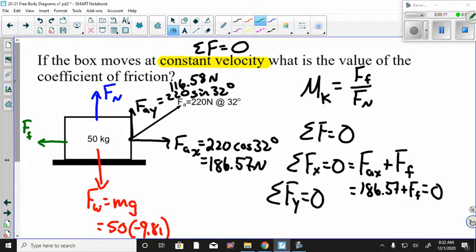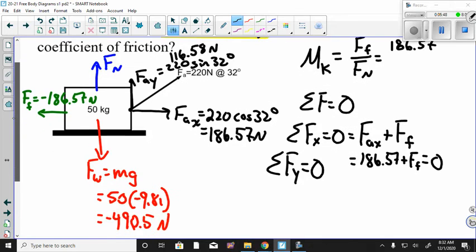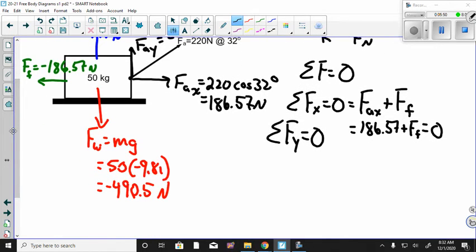So I know the friction force is negative 186.57 newtons. So I got my first half of my coefficient of friction, the friction force, 186.57.